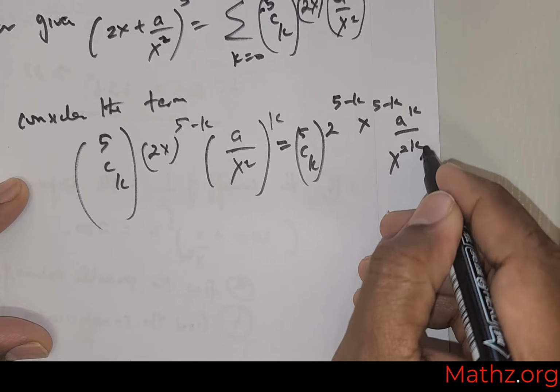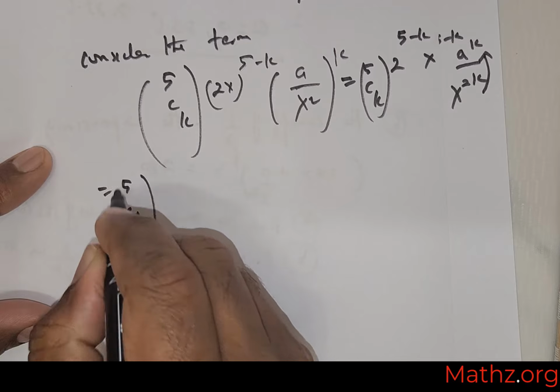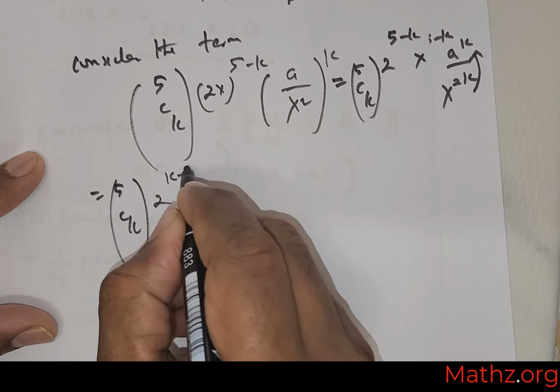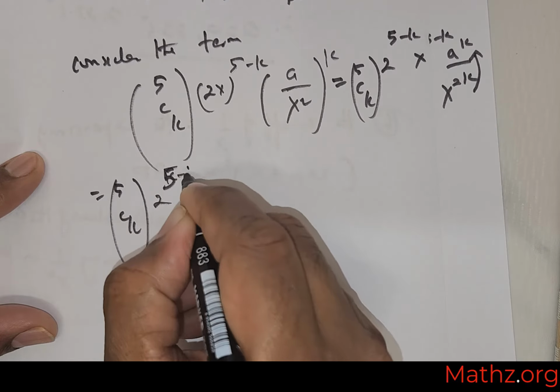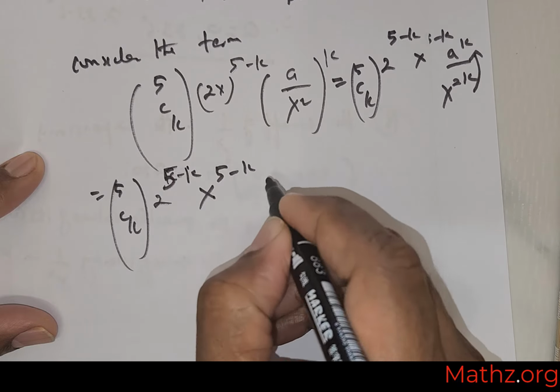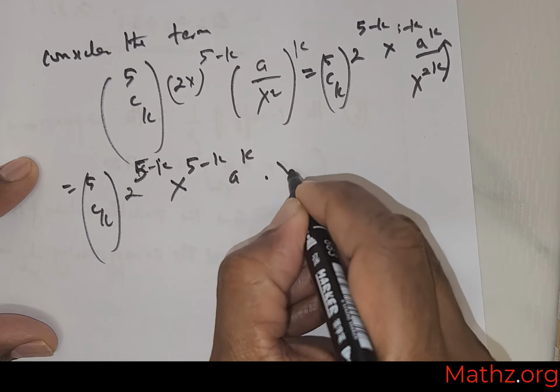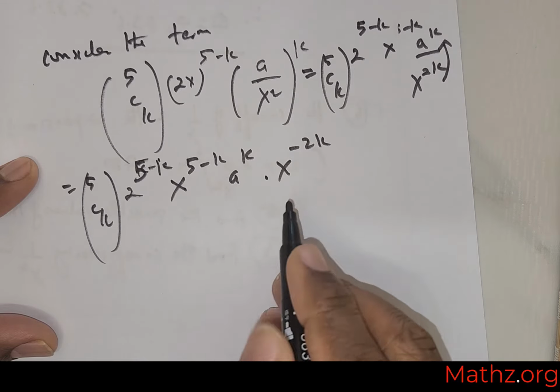Now move this to the numerator. So this is equal to 5Ck times 2^(5-k) times x^(5-k) times a^k times x^(-2k).